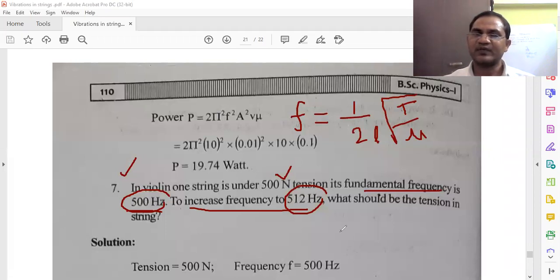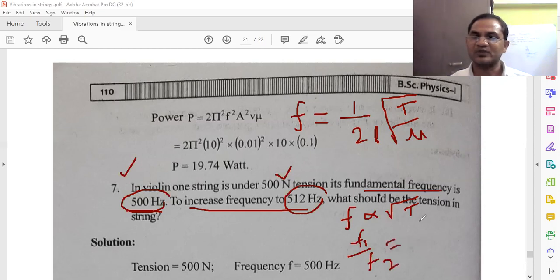Here we require the law of tension. F is directly proportional to root T. So from this, F1 by F2 equals the square root of T1 by T2.